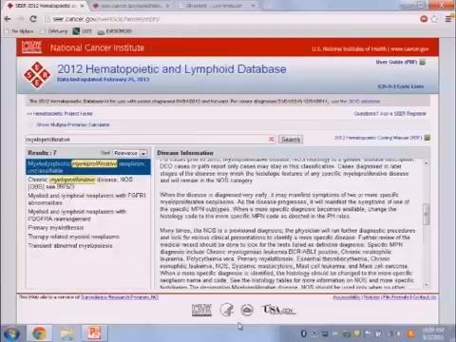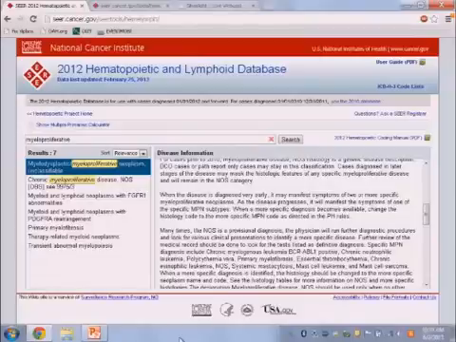Now remember when we looked up polycythemia vera, it had a specific code, a specific diagnosis. Essential thrombocythemia had a specific code and a specific diagnosis, right? And so did primary myelofibrosis. Now, are any of those confirmed with the information that we have available on this case?